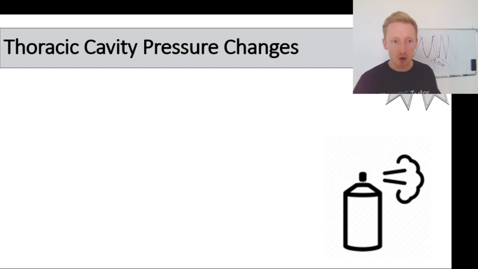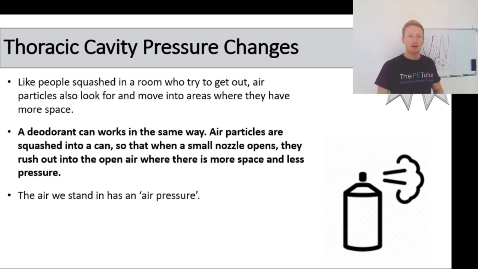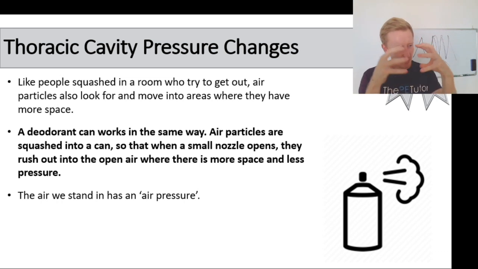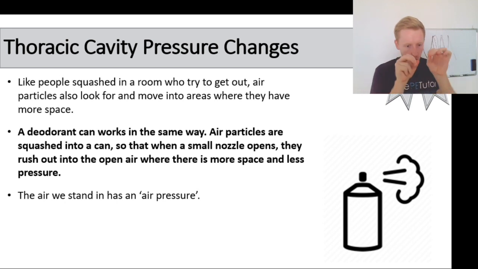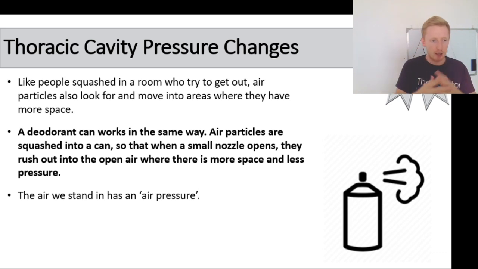Well, the same goes for air. When air particles are compressed and packed into a space in a high pressure environment, high pressure basically means there's lots of particles with not a lot of space. Just like on that train picture. Lots of people, not a lot of space. High pressure.